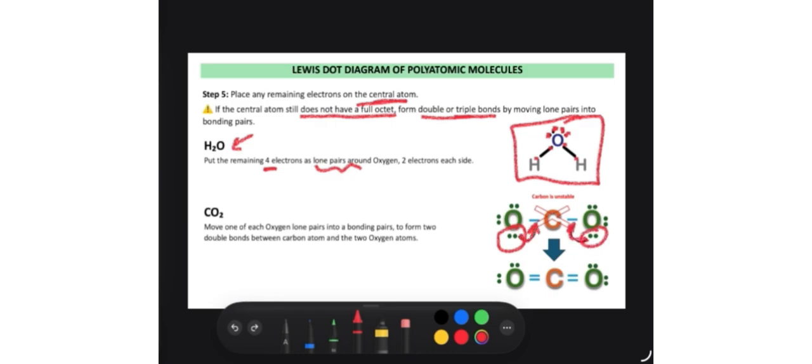We move them inside as bonding pairs to form a double bond here and a double bond here. Now in this case, oxygen is stable with 8 valence electrons. Carbon now is stable with 8 valence electrons, and the second oxygen is stable with 8 valence electrons. So this is how we draw the Lewis structure of H2O and CO2.